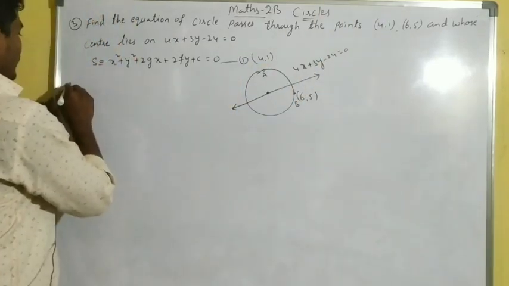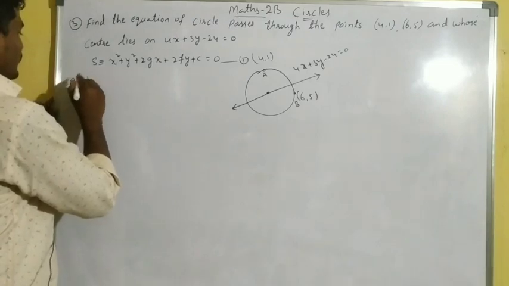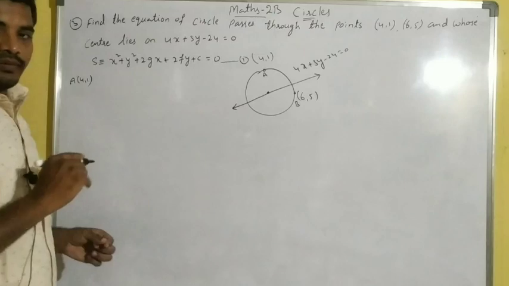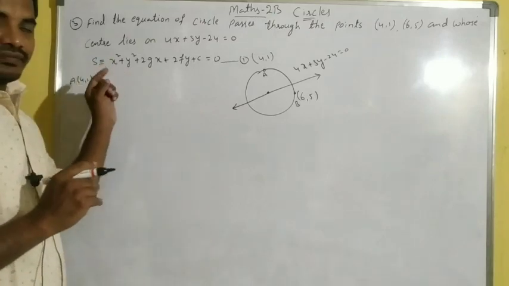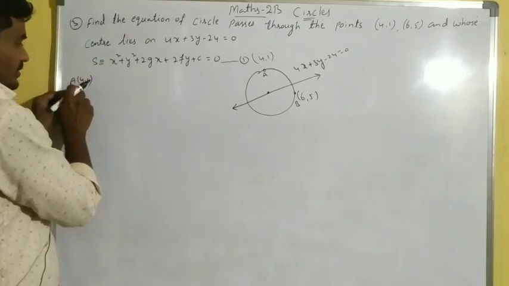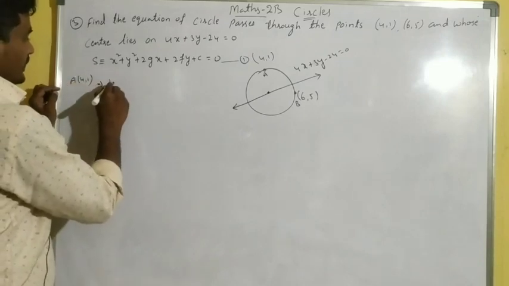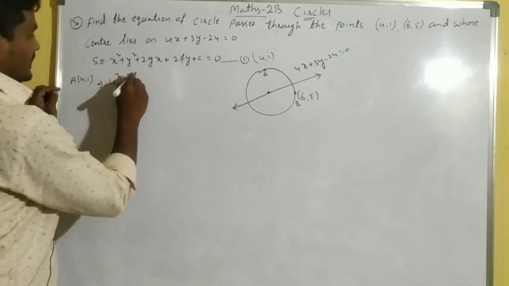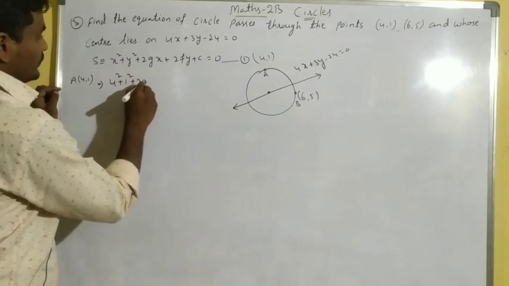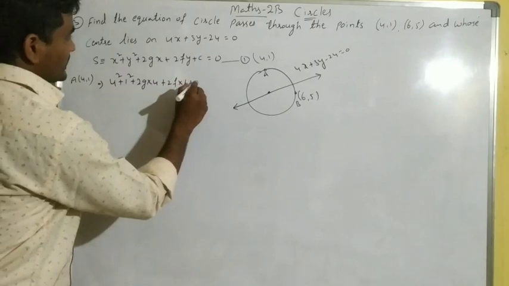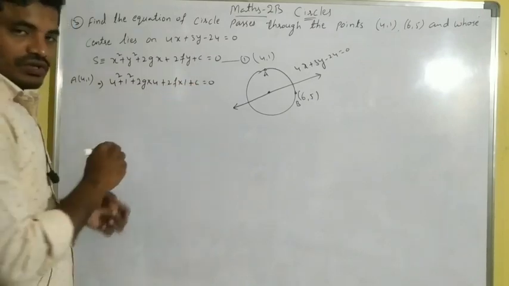So when I take (4, 1), this circle is passing through this point, so we get the equation 4 square plus 1 square plus 2g into 4 plus 2f into 1 plus c equals 0.